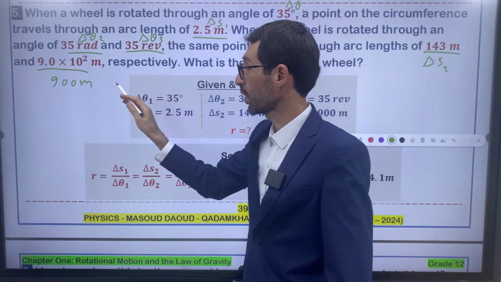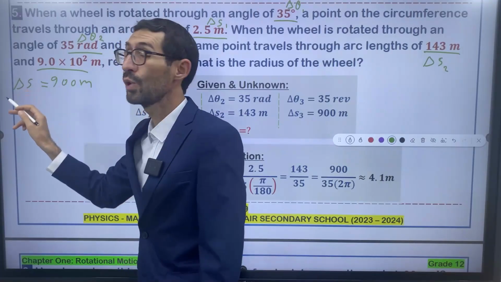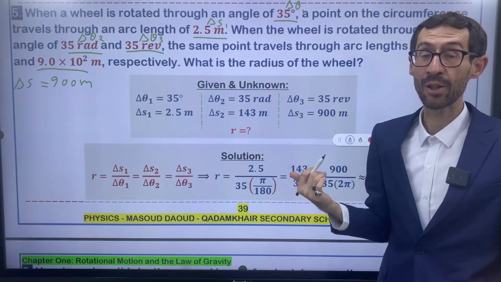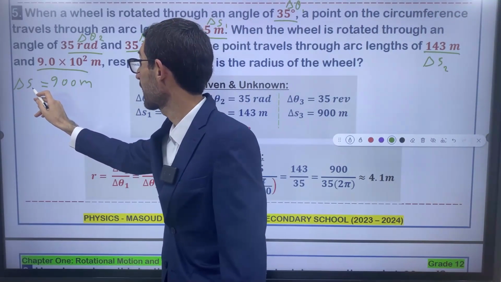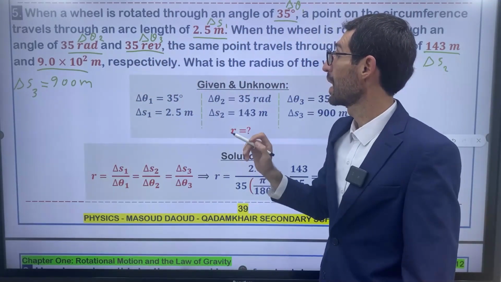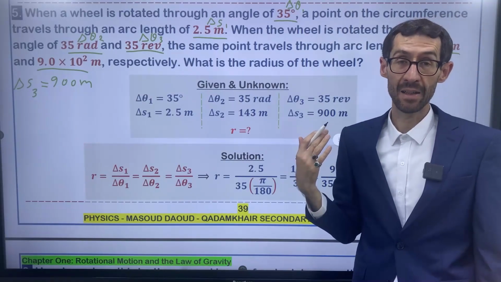And I have a question for you. This delta S has to do with which angular displacement? This delta S3 is related to delta theta 3. So we have 3 angular displacements versus 3 arc lengths.